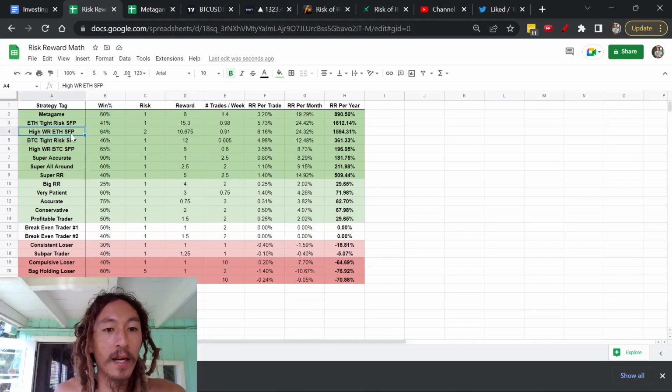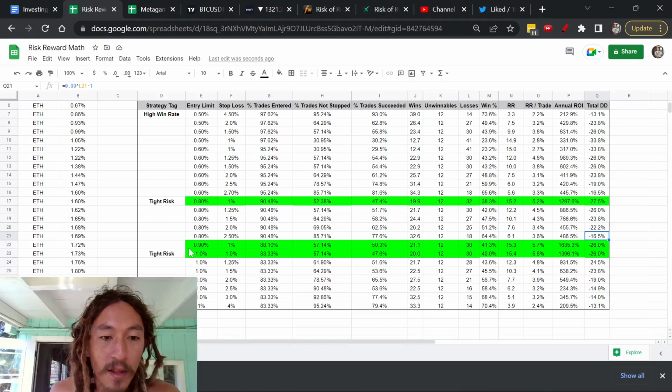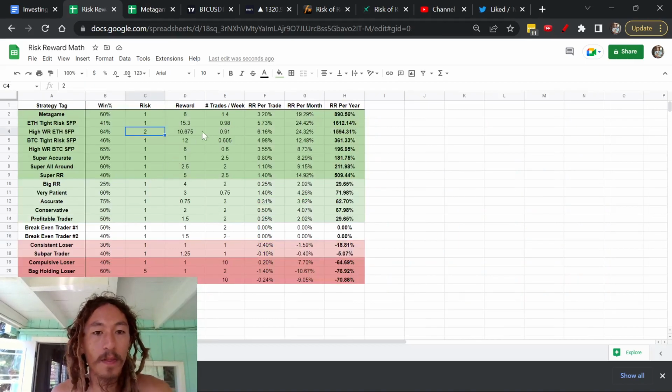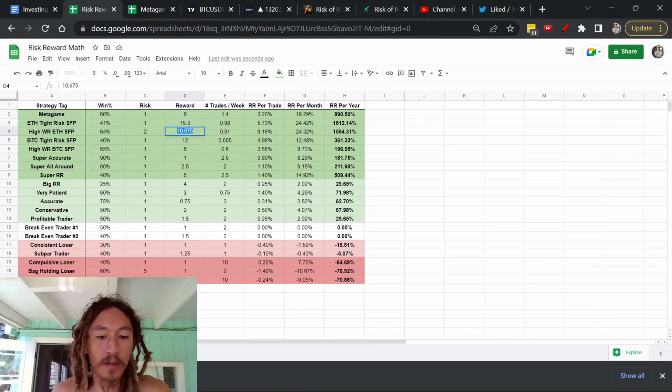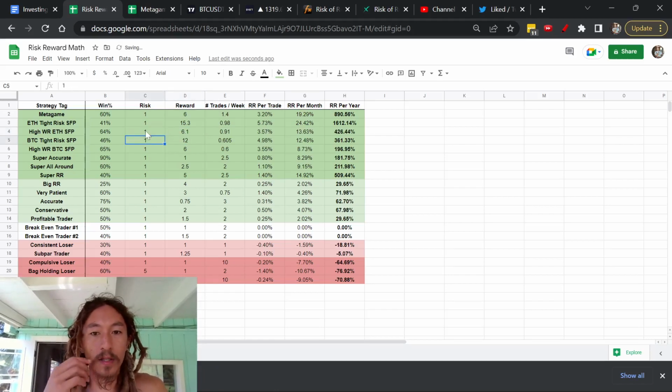High win rate ETH is a 64% win rate. Let's look at it. High win rate ETH is this one. It's a 64% with a 6.1 risk reward. Okay. Risk reward 6.1 and 1.